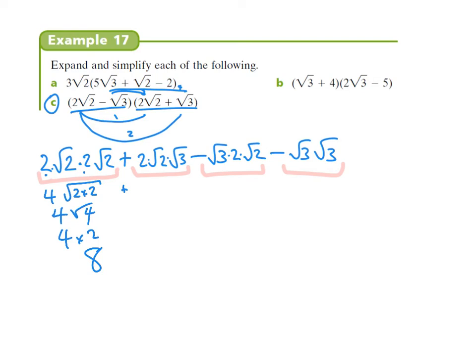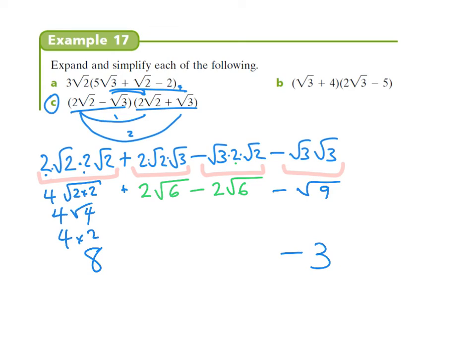The next term is 2 3's is square root 6, minus, I've got a 2 number here, and a 3 times 2, which is also a square root 6. And then at the end, I have minus square root 9, 3 by 3. And so that one there becomes minus 3.